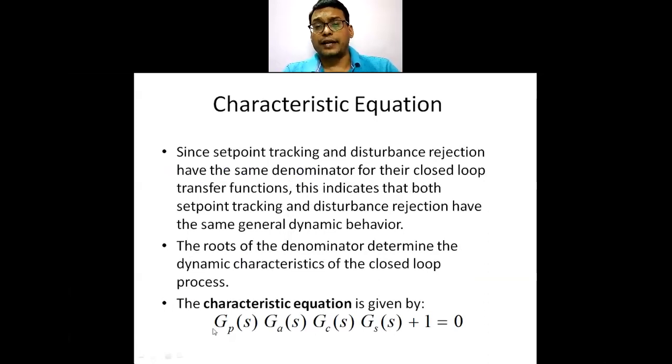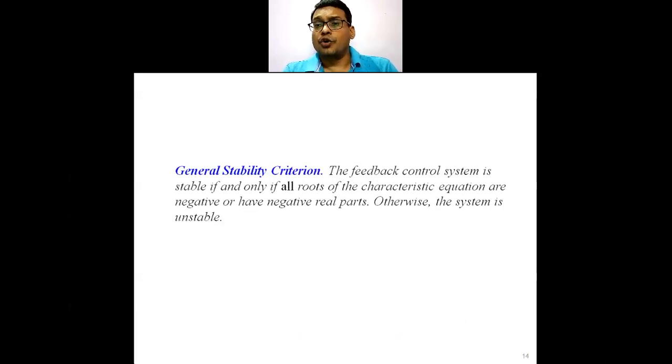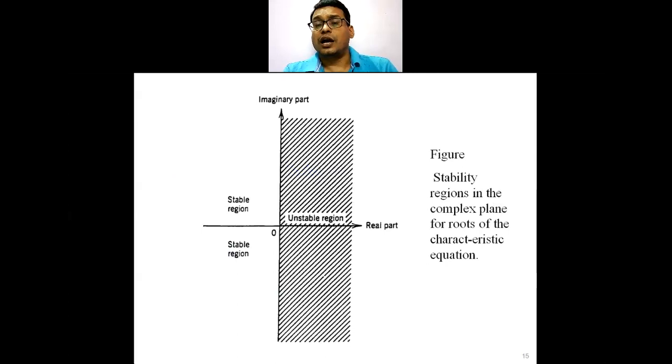So we have tried to understand the open loop transfer function; then 1 plus the open loop transfer function gives you the characteristic equation. Once the characteristic equation is obtained, you calculate the roots of this characteristic equation. If the roots lie on the right side, that means the positive roots, then the system is unstable.